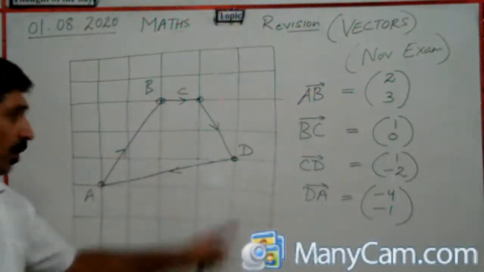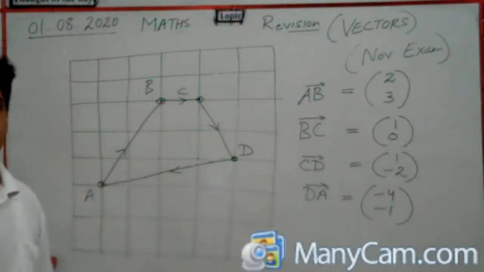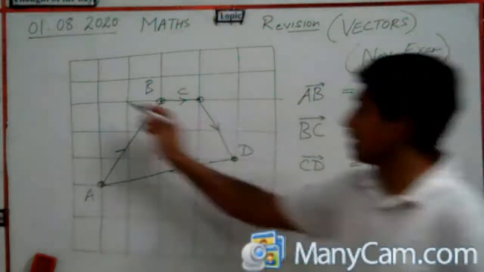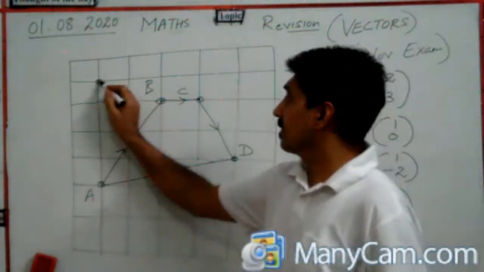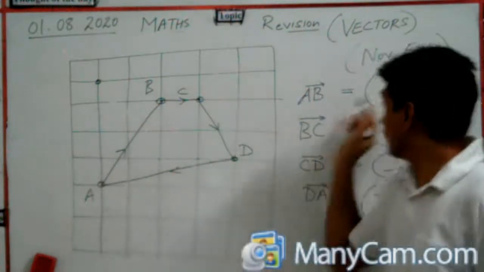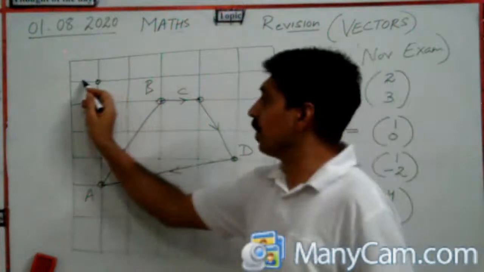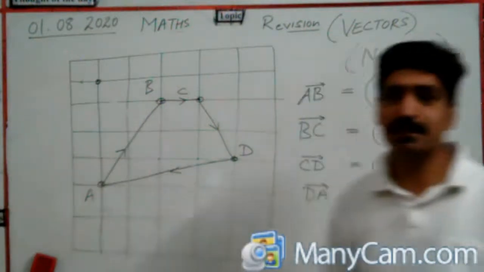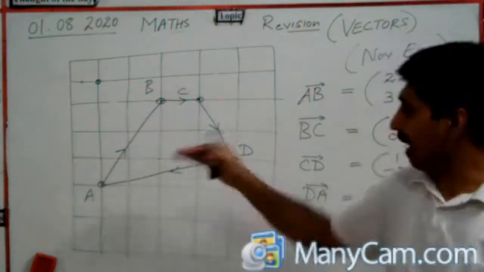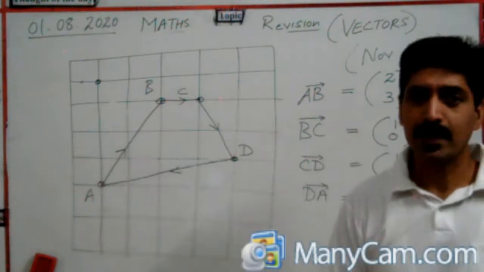So for the components along the x-axis and y-axis, if the object is moving along the positive x-axis, the component is positive, and if it is moving towards the negative x-axis, it will be negative. Along the y-axis, in the upward direction it is positive and the downward direction is negative.